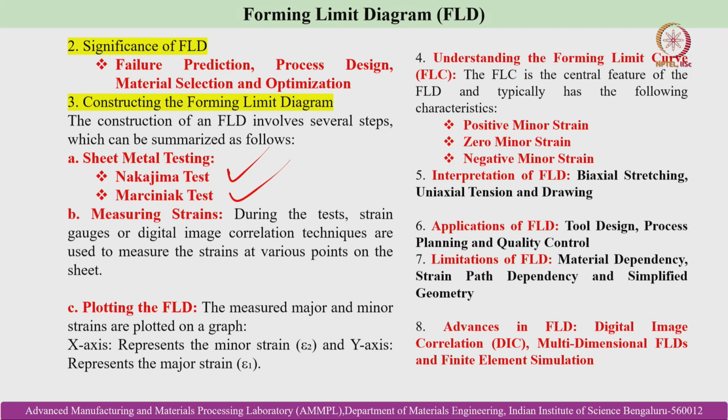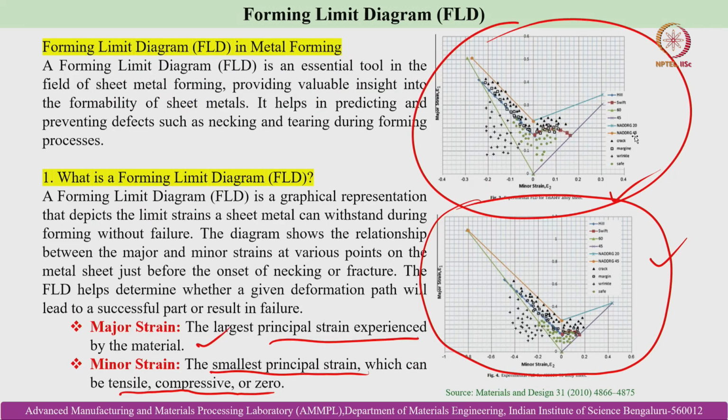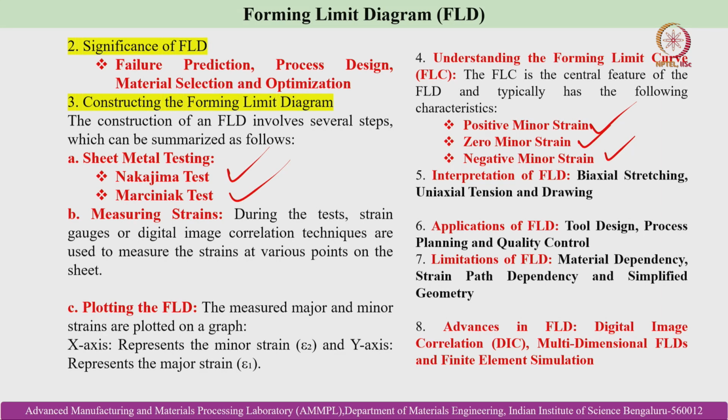Understanding the forming limit curve: the FLC is the central feature of the forming limit diagram, and typically has the following characteristics: positive minor strain, 0 minor strain, and negative minor strain, as we have discussed in these two plots for both titanium and aluminum alloys. Interpretation of FLD covers biaxial stretching, uniaxial tension and drawing. Applications of FLD are in tool design, process planning and quality control.